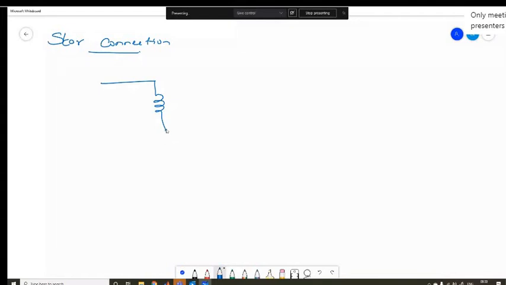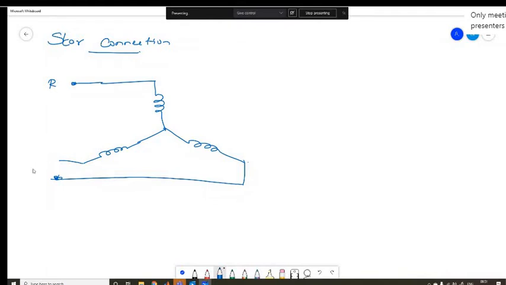So I'm drawing that circuit again to introduce you to some of the terminologies. Let's say this is the R, this is the B and the Y terminals, and this is the neutral.